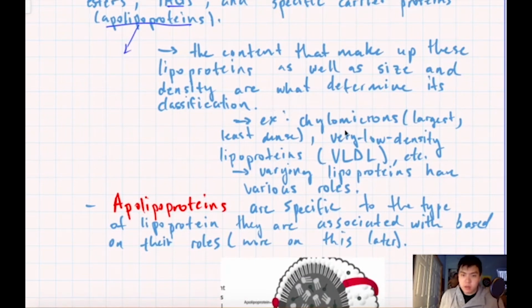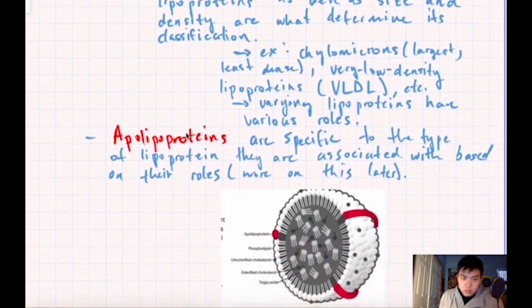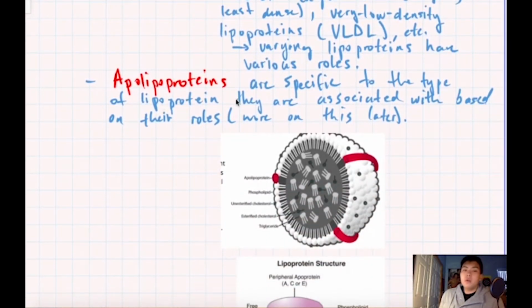For example, chylomicrons are the largest of all of the lipoproteins, but they're also the least dense. Others are named by their densities, like very low density lipoprotein, VLDL. Apolipoprotein is specific to the type of lipoprotein it's associated with. It's based on what roles it plays in targeting specific tissues.